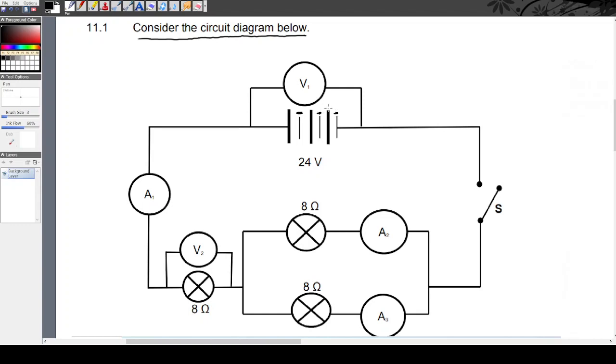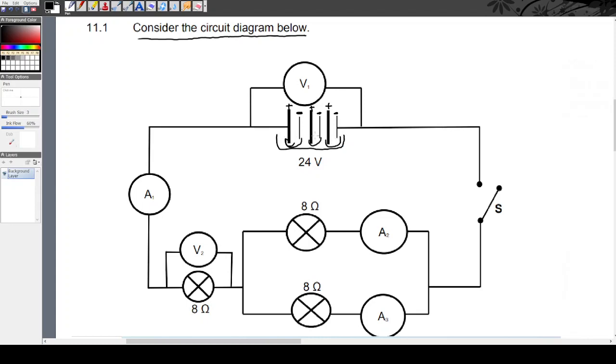These are the negative terminals, and these are the positive terminals of the battery. So all of these three cells, each a cell with a negative and a positive terminal, together form a battery.